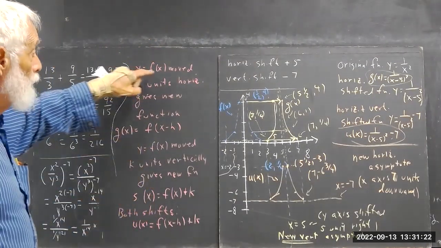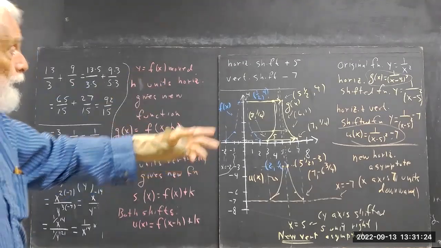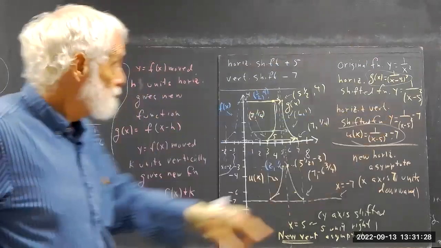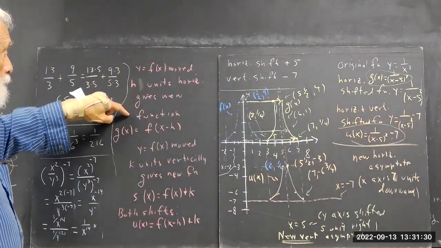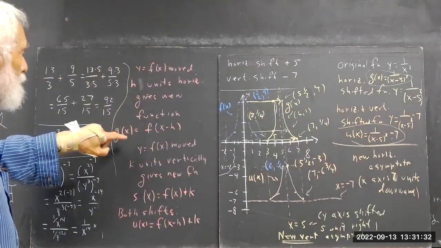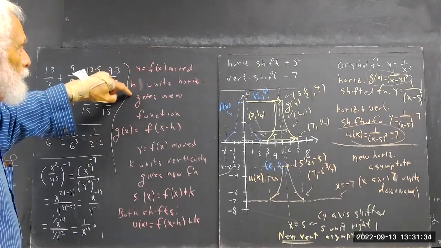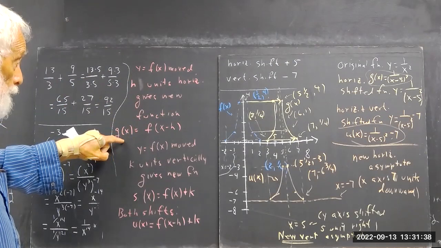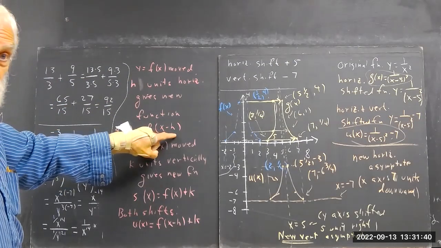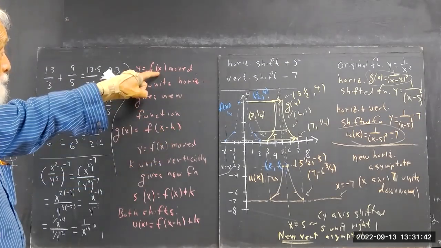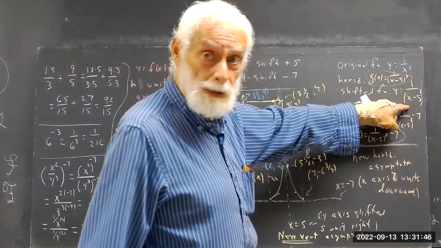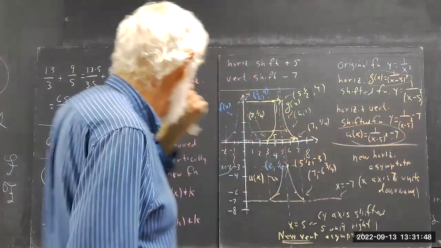If we have y equals f of x, in this case, f of x equals 1 over x squared, you get a new function. If you take that function and move every point h units horizontally, you have the graph of the function g of x equals f of x minus h, where you replaced x by x minus h, just as we did here. X replaced by x minus 5 in this case.